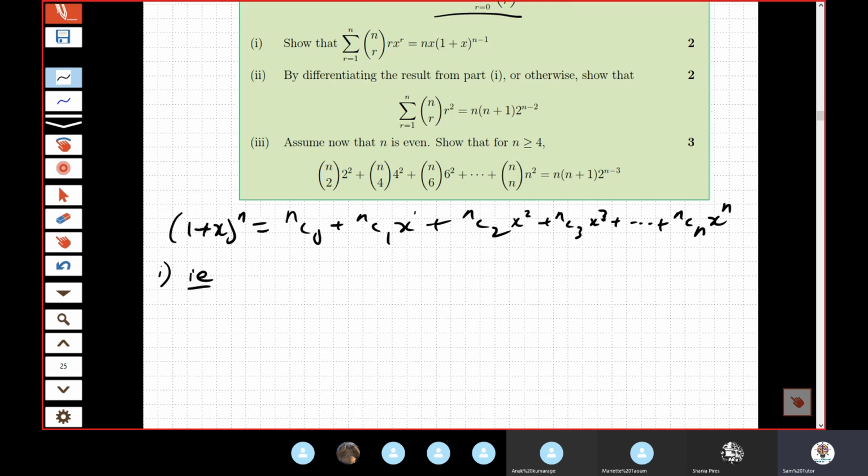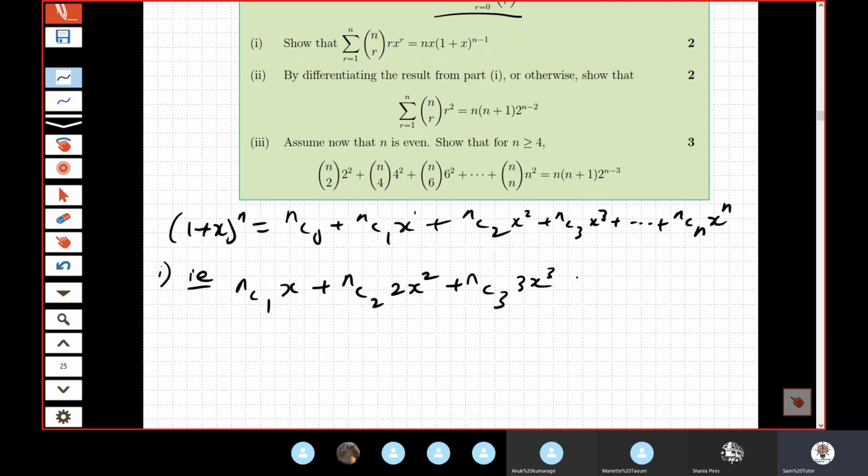N choose 1, x to the 1, which is just x. Right? Plus, r is 2. N choose 2, r is 2, so 2x squared. Plus, n choose, let me just make sure, 3, 3x cubed.